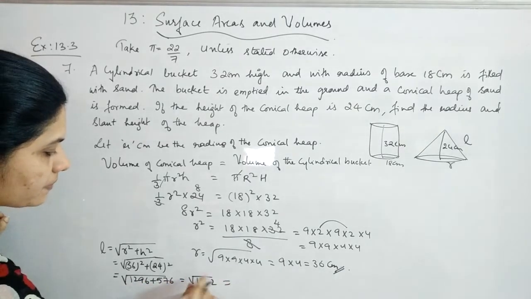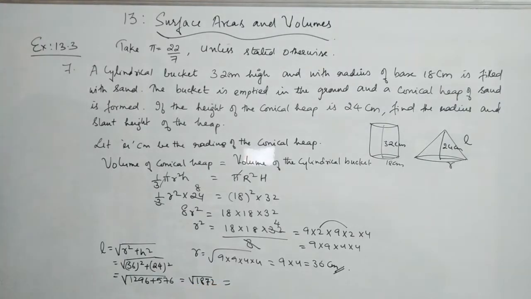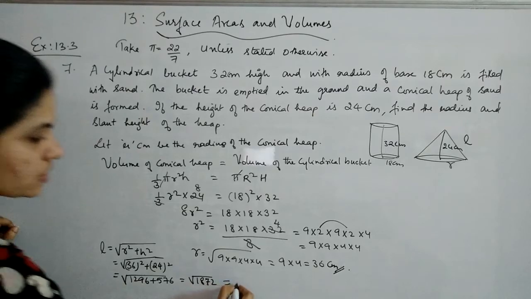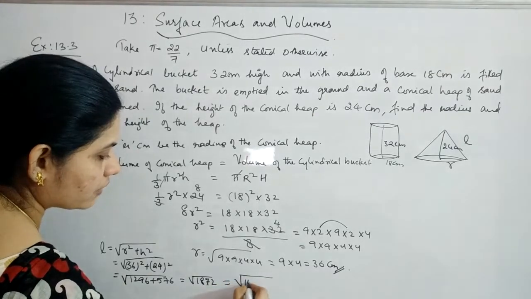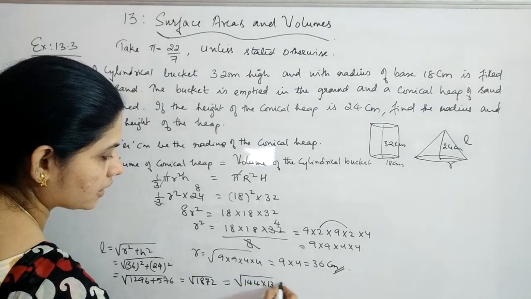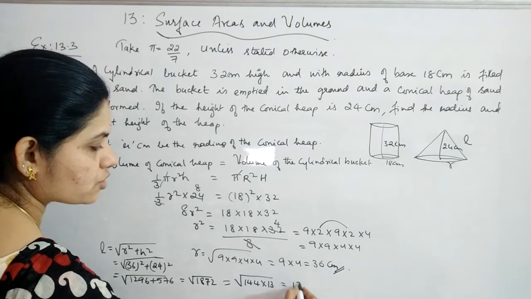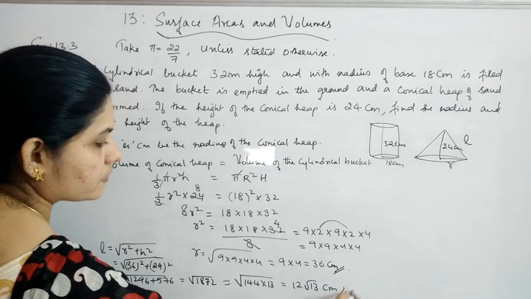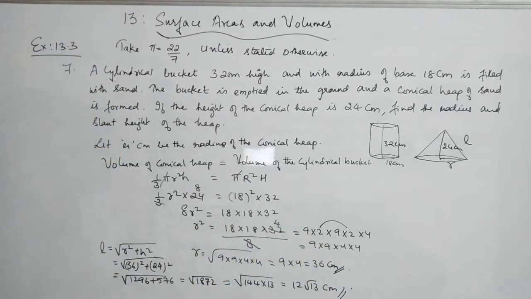Now what is the root of 1872? You can write 1872 as 144 into 13, and root of 144 is 12, so it is 12 root 13 centimeters. So that is the slant height.